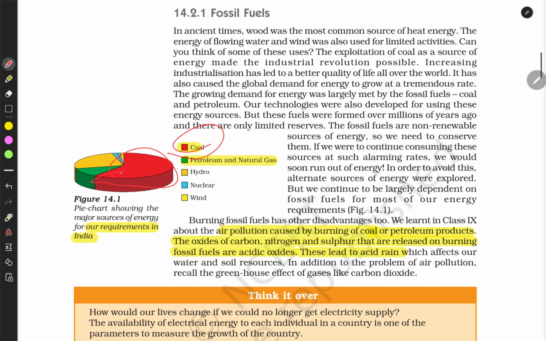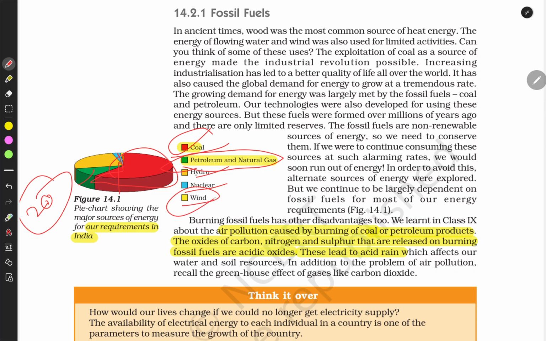We take almost more than 50% of our energy from coal, and then comes petroleum and natural gas, which is about maybe 20% of it. And then we have hydro, and then nuclear and wind. Nuclear energy sources are very low in comparison to coal and hydro.